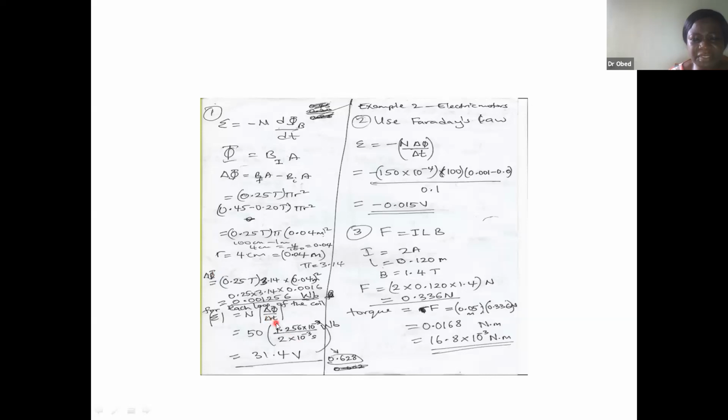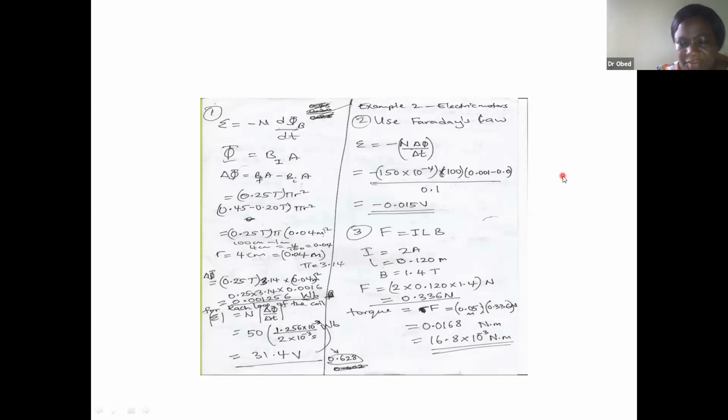We are told that the change in time was 2 milliseconds. Milli is 10 raised to power minus 3, so 2 times 10 raised to power minus 3 seconds, because all your units have to be SI. If you evaluate that, you get 31.4 volts.